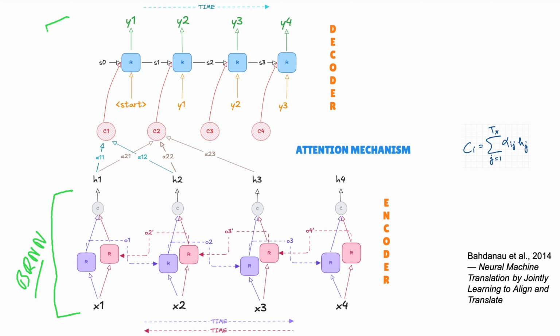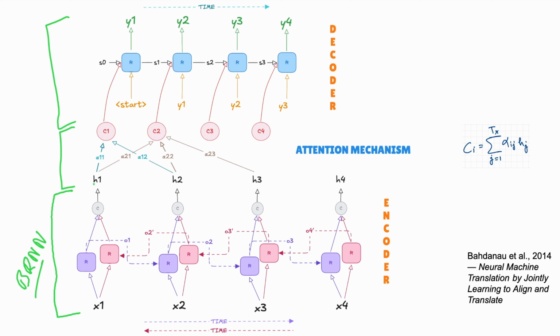And here we have the decoder component. In between, we have the attention mechanism. This is where the magic happens. We have the inputs x1, x2, x3, x4, and for each input token, we'll have a hidden state.